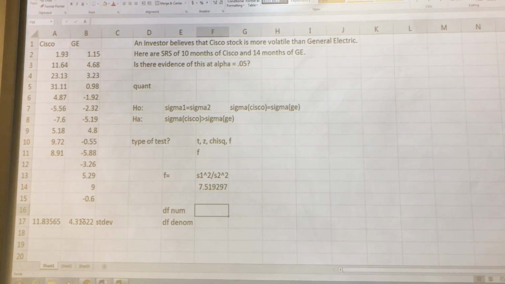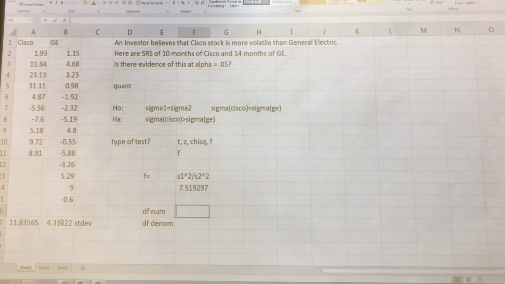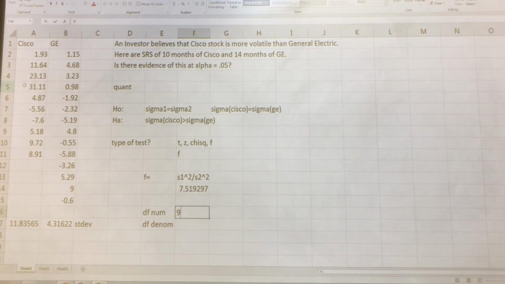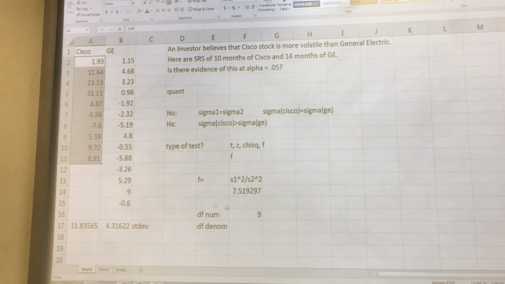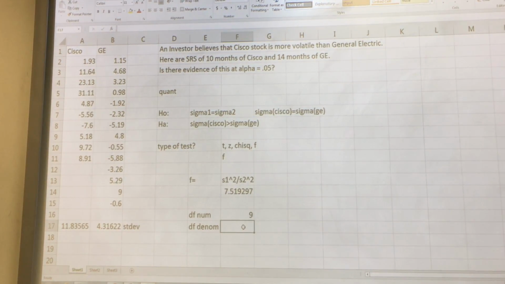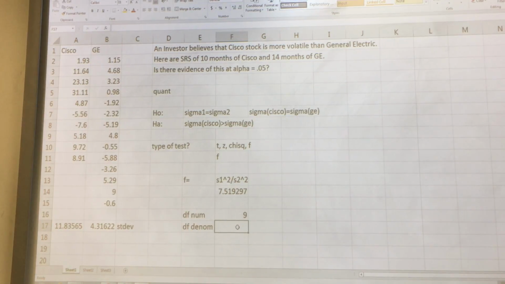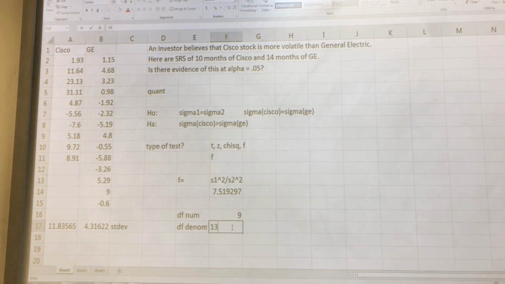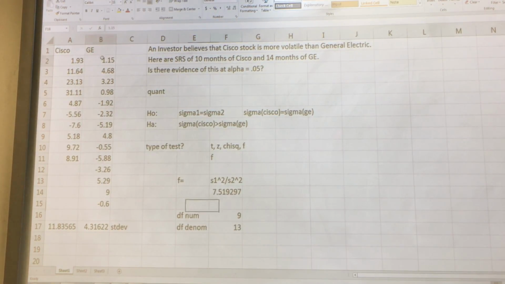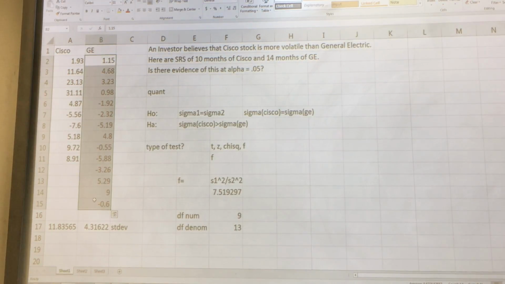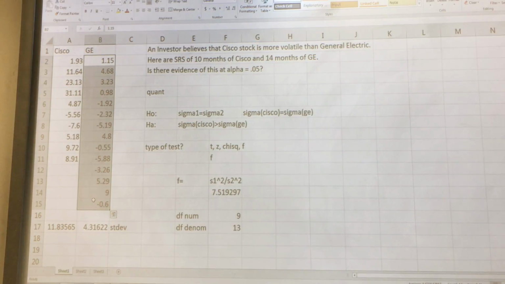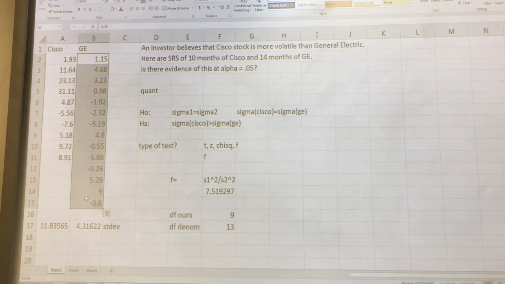We've got 10 months of stock, so there's 10 of those. 10 minus 1 is 9. And the degrees of freedom of your denominator is going to be 13. 14 minus 1 is 13. You can count them just to make sure. Sometimes I don't count very well.